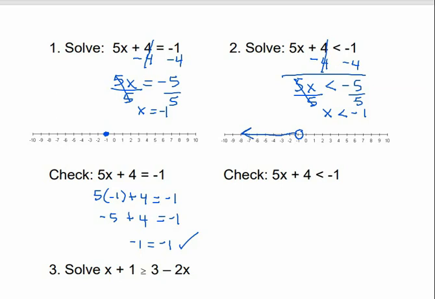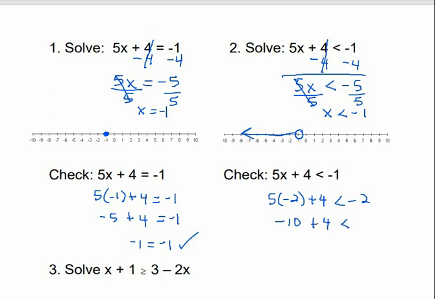So when I check it, I can't plug in -1 because -1 is not part of the solution. I have to plug in another number that is part of the solution. So I'm going to go with -2. If I plug that in where the x is, we just need to see if this makes a true statement. 5 times -2 is -10.